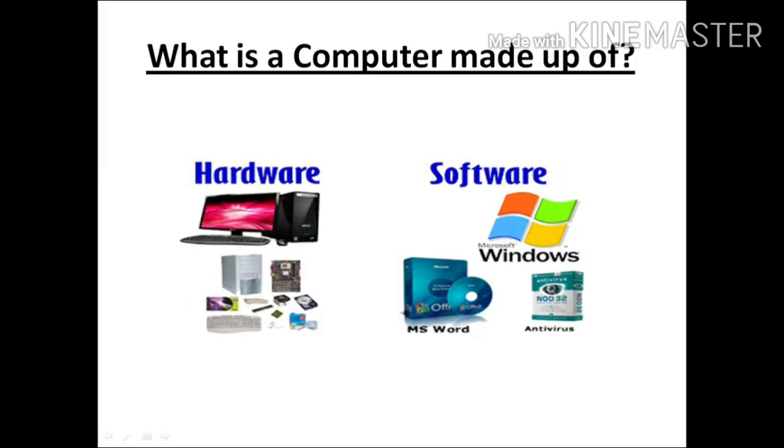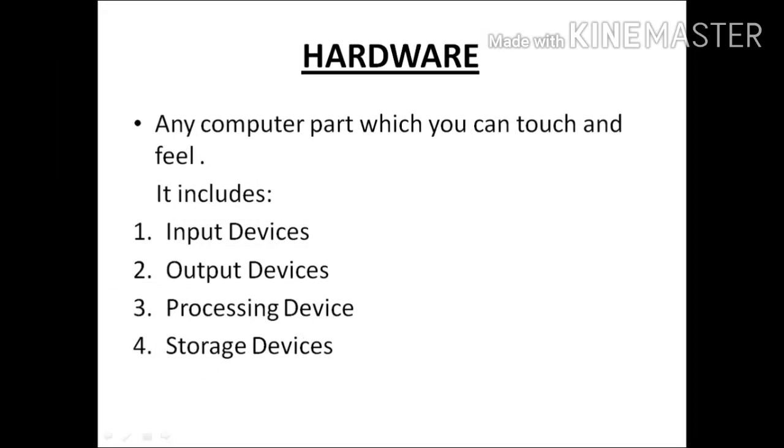Children, do you know what is a computer made up of? Yes, a computer is made up of hardware and software. Let us learn more about the hardware. Any computer part which you can touch and feel is a computer hardware.